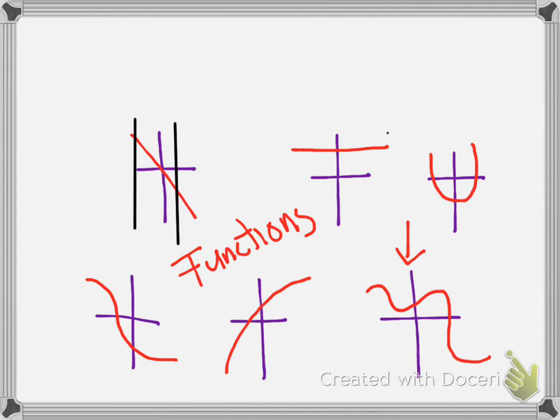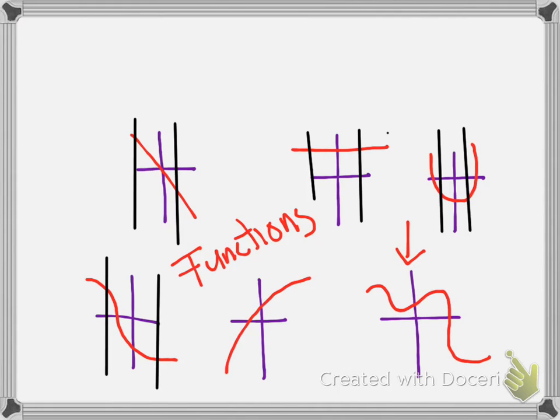Did I hit that line more than once? No. Come over here. Did I hit it more than once? No. More than once? No. How about now? No. Now? Still no.